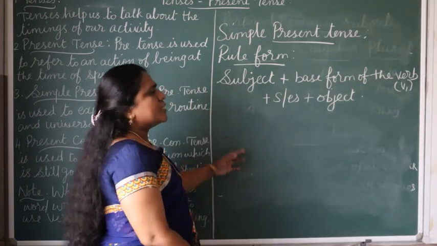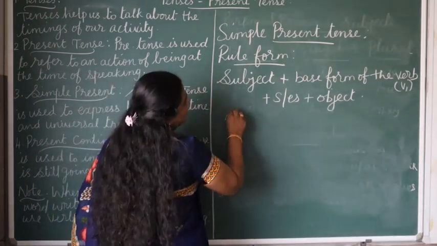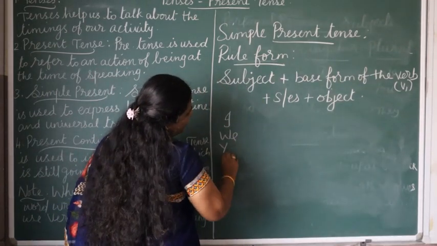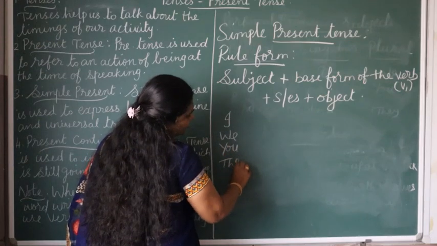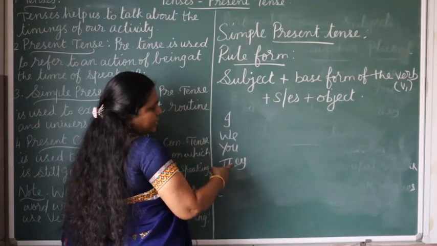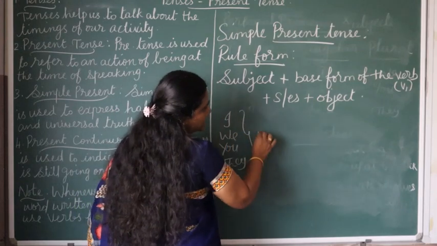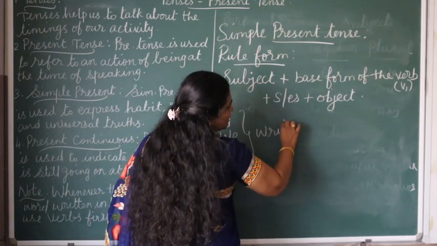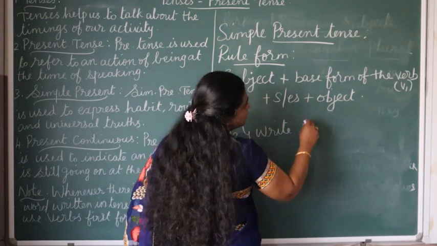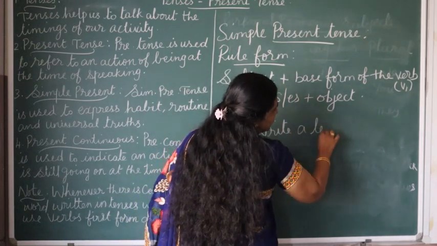Here are some examples: I, we, you, they. First person, second person and third person plural use the base form of the verb write and object a letter.